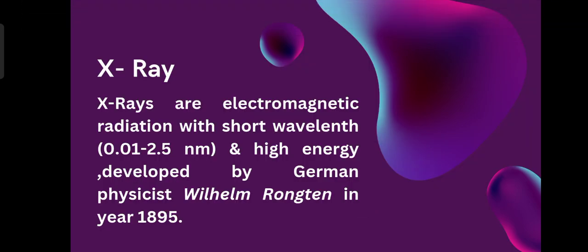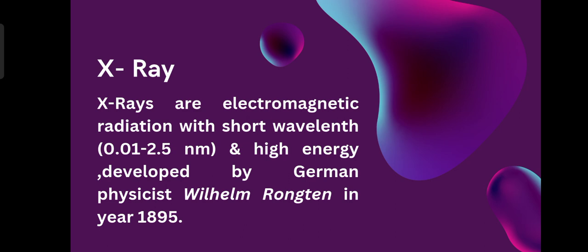So starting with the definition, X-rays are electromagnetic radiations with a short wavelength of 0.01 to 2.5 nanometer and a high energy, developed by the German physicist Wilhelm Röntgen in the year 1895. These X-rays are a part of the electromagnetic spectra. We know the electromagnetic spectra, right?